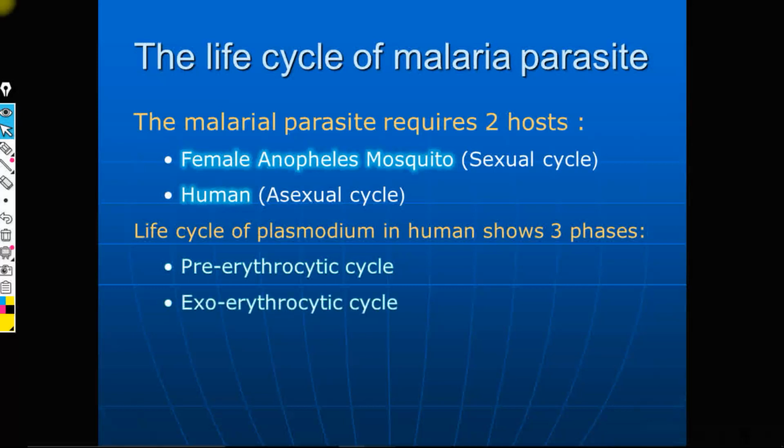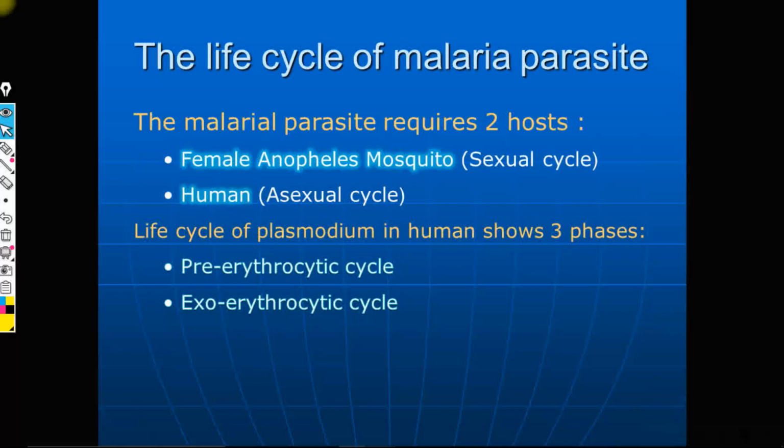Now in the liver, they will grow and multiply asexually by schizogony, in the parenchymal cells of the liver. Once they are grown and mature enough, competent enough to be released into the blood circulation, they will rupture these hepatocytes and enter the blood, where their major source of energy is present, and that is hemoglobin.